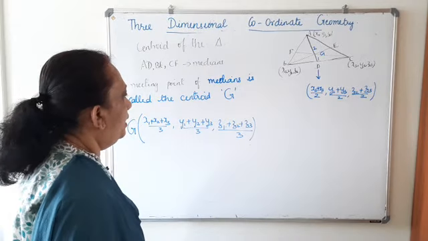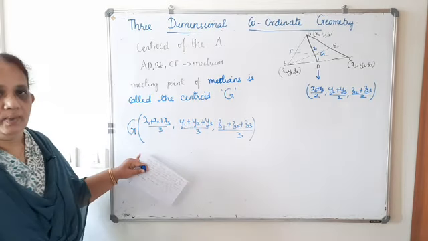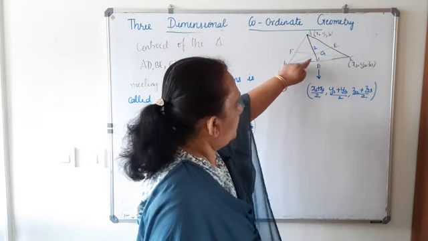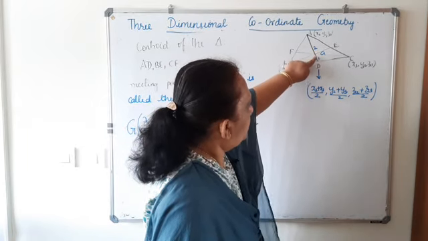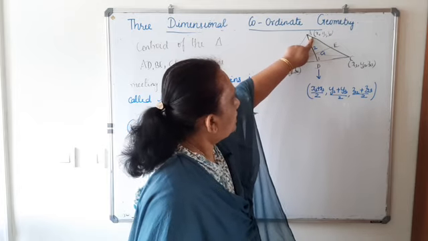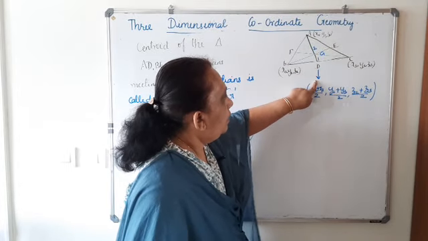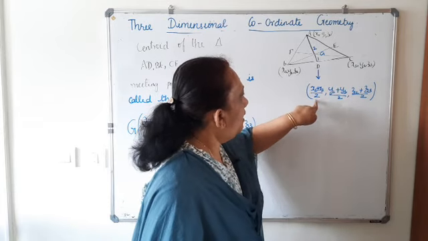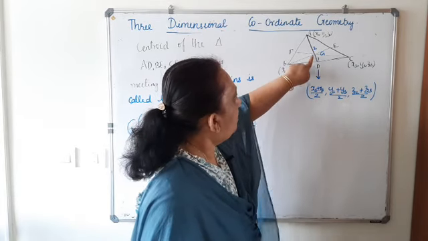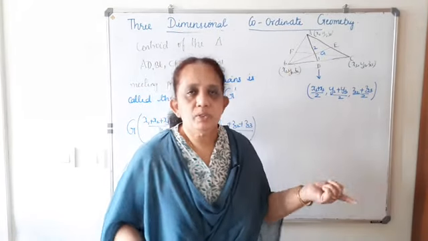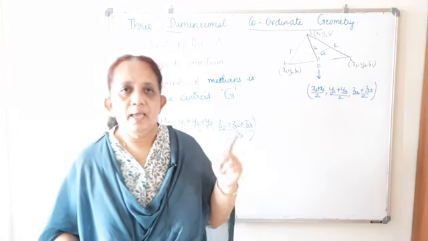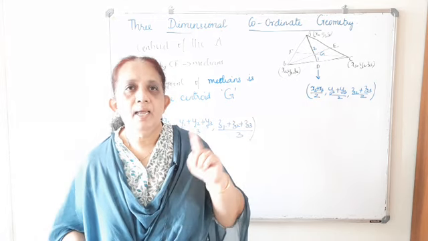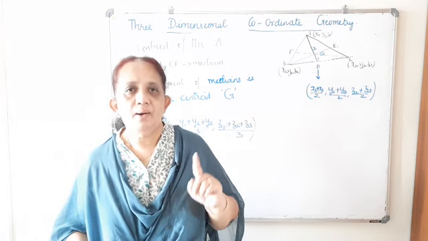Now, this I am giving you as an assignment question, because by making use of the section formula, internal division 2:1, you know the coordinate of A, x1, y1, z1. You know the coordinate of D, because D is the midpoint of BC. You can make use of the section formula, m x2 plus n x1 by m plus n, m y2 plus n y1 by m plus n, m z2 plus n z1 by m plus n.